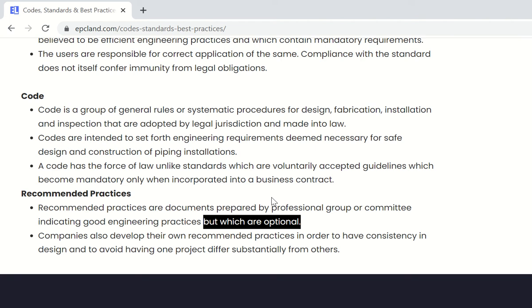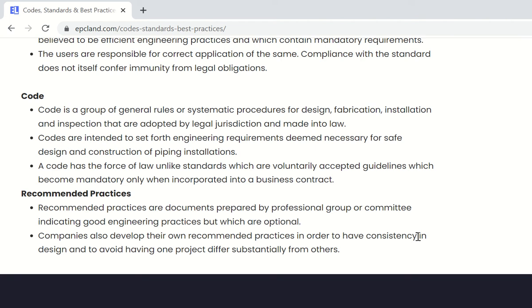Generally we try to find such practices so that the design is safe, the design is standard, and the design is understood by other professionals also. Whatever best practices others are following, if we are also following them in our current project, then this will be called recommended practices, thumb rules. Companies also develop their own recommended practices in order to have consistency.